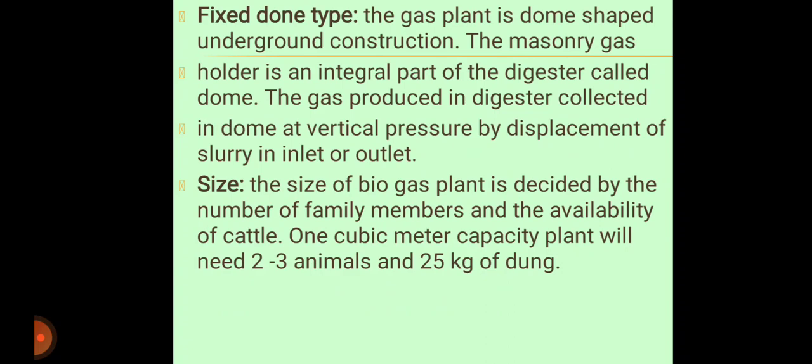The size of the biogas plant is decided by the number of family members and the availability of cattle. A 1 cubic meter capacity plant will need 2 to 3 animals and 25 kg of dung.